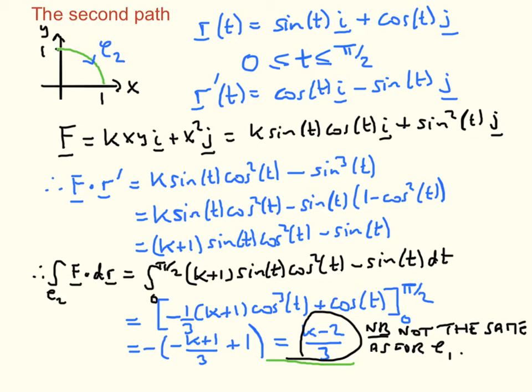And if we look at the first result, we also had that that vanishes when kappa is equal to 2. So for the special case, kappa is equal to 2 here, we get the same result for both paths. And what I want to do for the remainder of this video is to understand why that's the case and calculate the result using a different method. So let's move on to the next slide and do that.